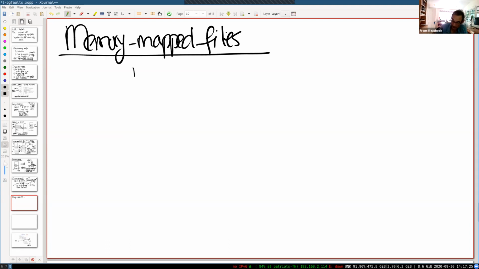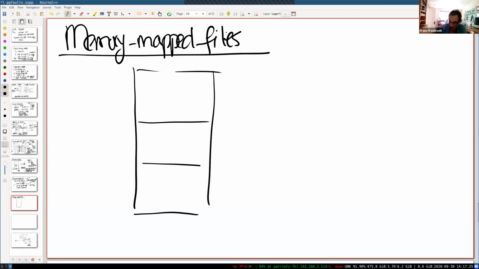The idea is that here we have our address space. What we really want is to be able to load a whole file or parts of the file into the address space, so that we can just manipulate the content of the file using load and store instructions instead of read, lseek and write.